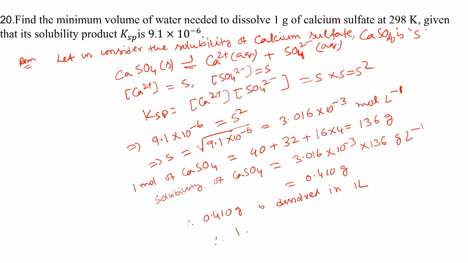Therefore 1 gram can be dissolved by 1 by 0.41 liter. So 2.44 liter.